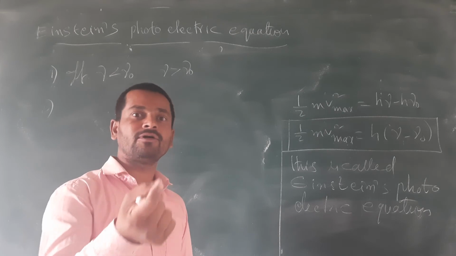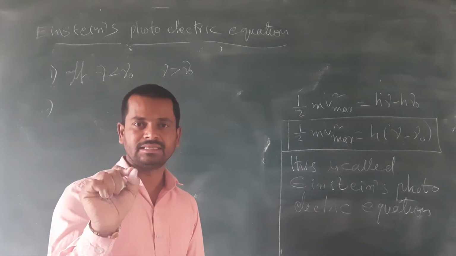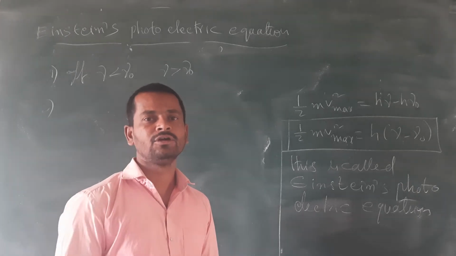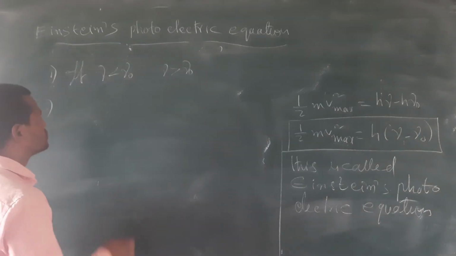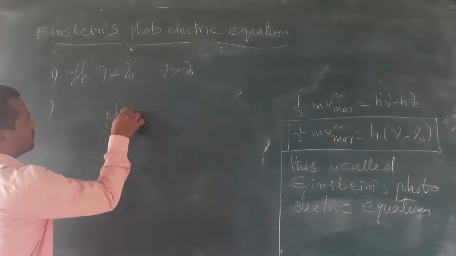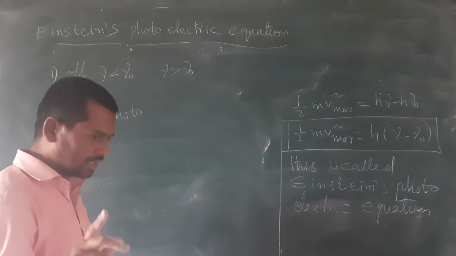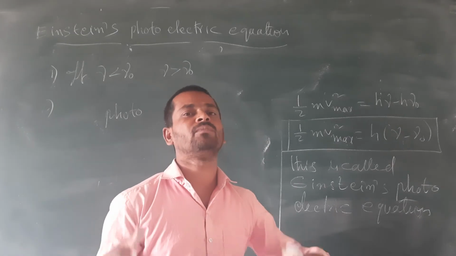And the second point is, when a photon falls on the metal, it produces one electron. One photon can produce one electron. So a number of photons can produce a number of electrons.